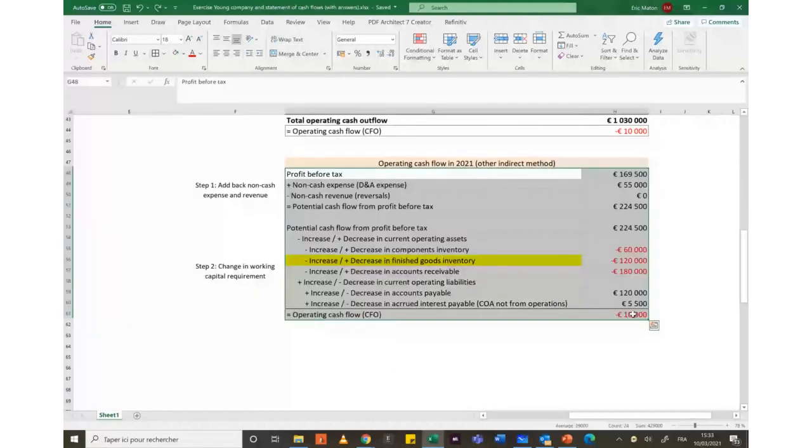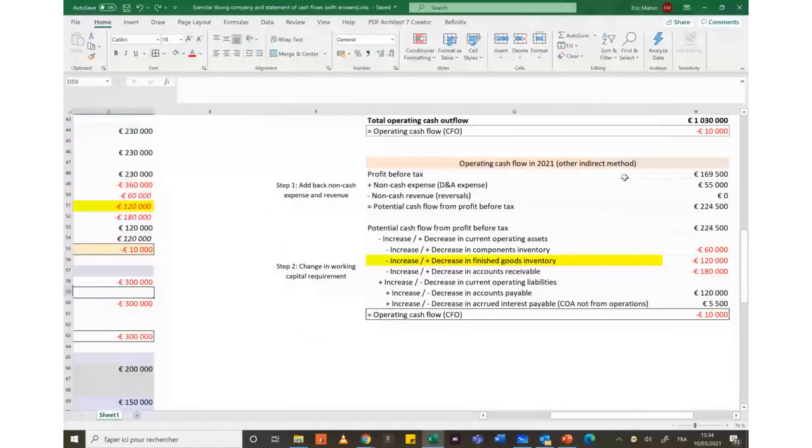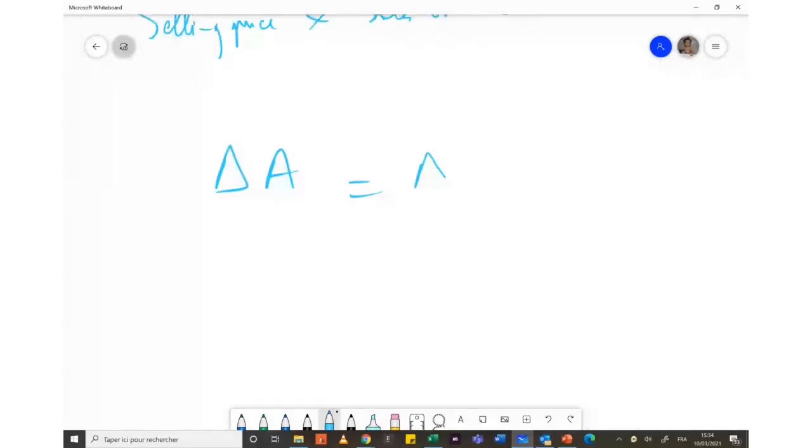Okay. The 169,500, the 55, the 60, 120, 180. Okay. And here we have the change in assets equal to the change in liabilities plus the change in equity.